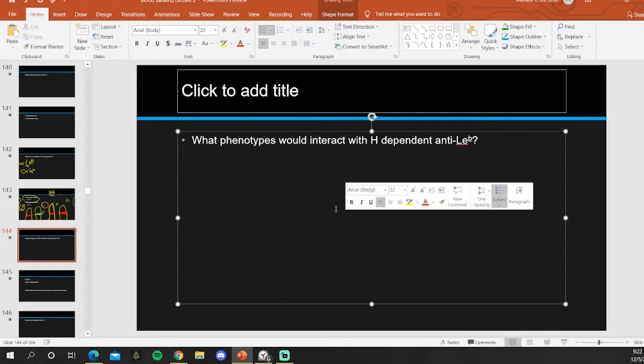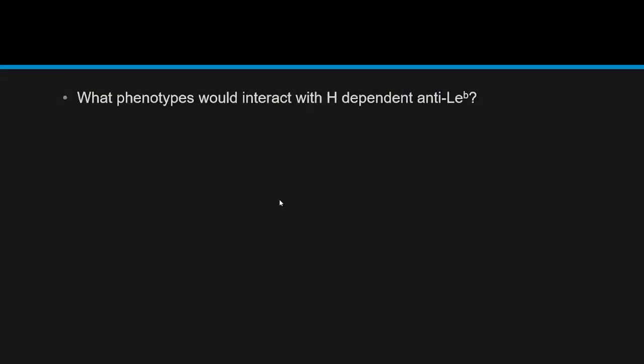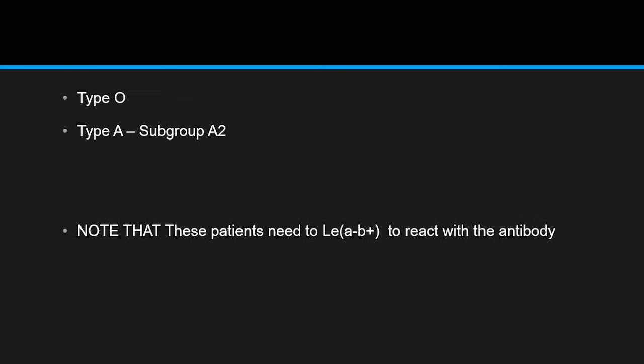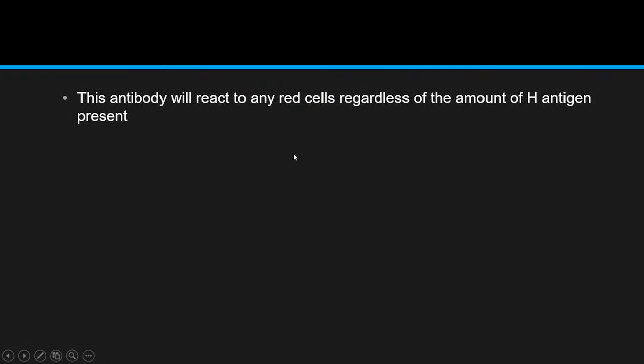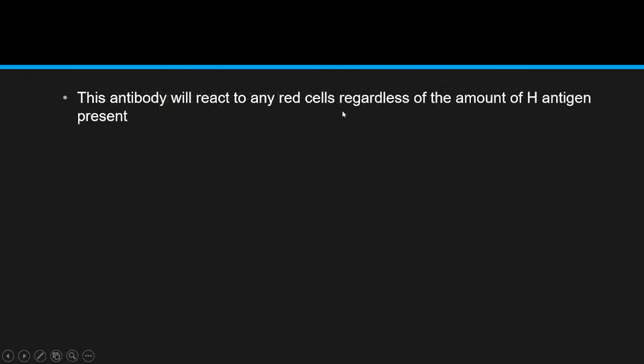Dependent dapat siya. Sorry. Typo. So these patients need LEB to react with the antibody. Now, describe LEB reactivity. This time, this is the independent one. So this one will react to any red cell regardless of the amount of H antigen present.